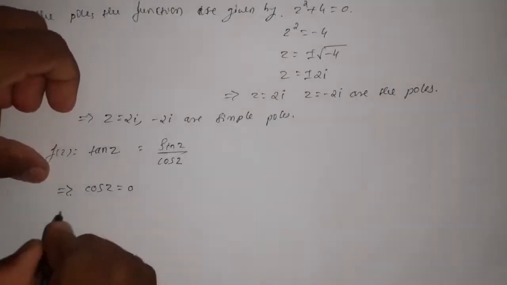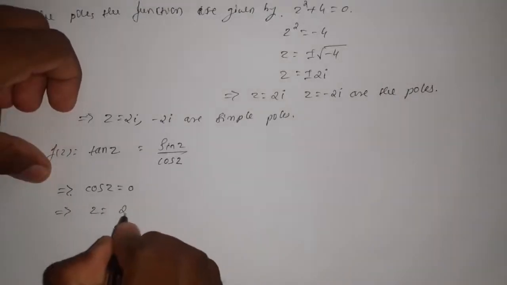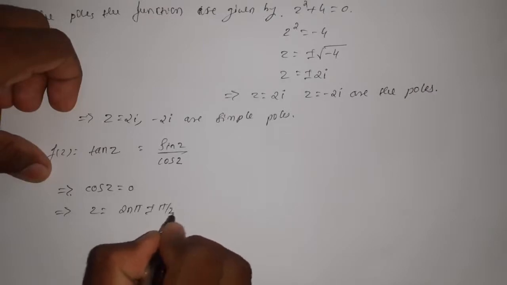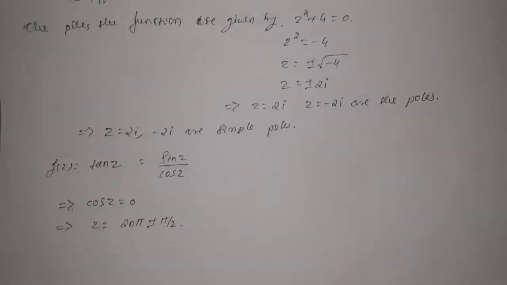So it implies that z equal to 2n pi plus or minus pi by 2, because we know that cos pi by 2 equal to 0, cos minus pi by 2 equal to 0, and also cos of 2n pi plus or minus pi by 2, where 2n pi means that we complete a rotation.